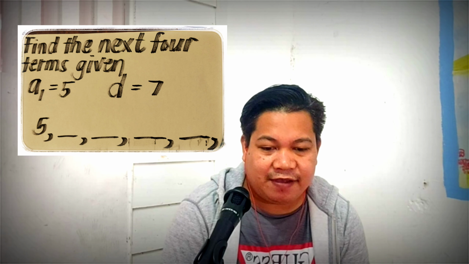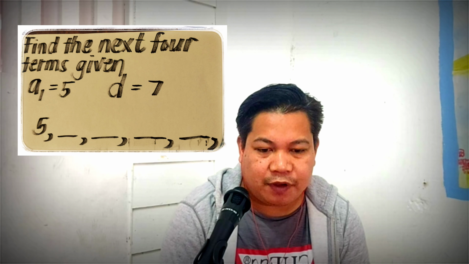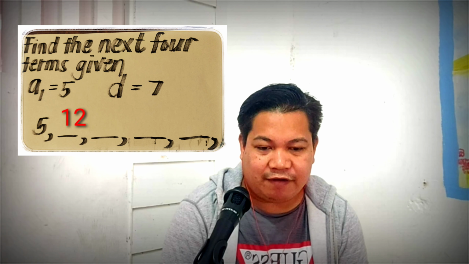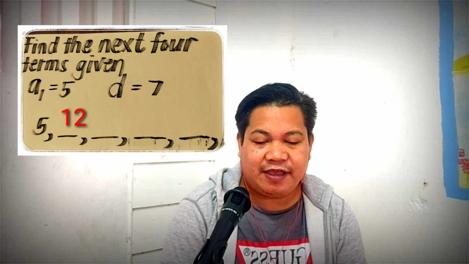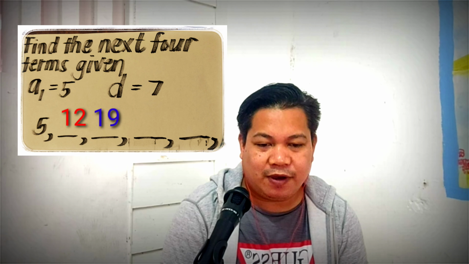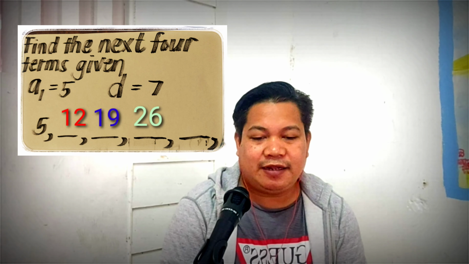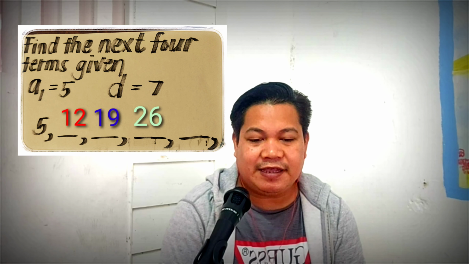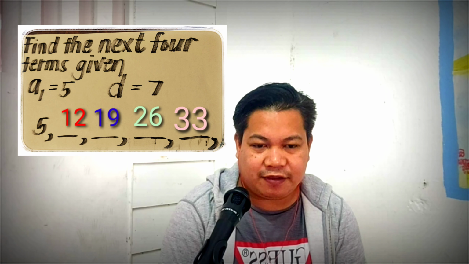So, plus 7 ng plus 7. Okay. So, we have 5 plus 7 equals 12. So, 12 plus 7 equals 19. 19 plus 7 equals 26, then 26 plus 7 equals 33.